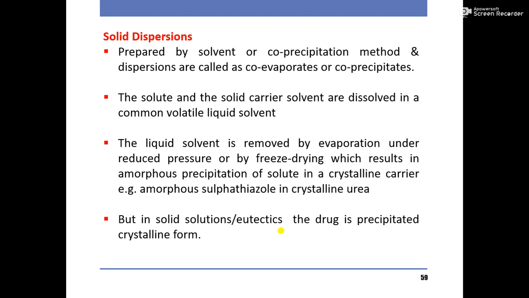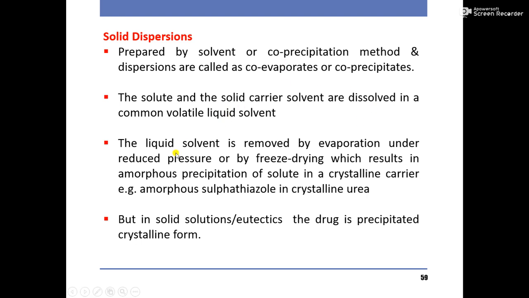Solid dispersion is prepared by the solvent or co-precipitation method, and the dispersions are called co-evaporates or co-precipitates. The solute and the solid carrier are dissolved in a common volatile liquid solvent.